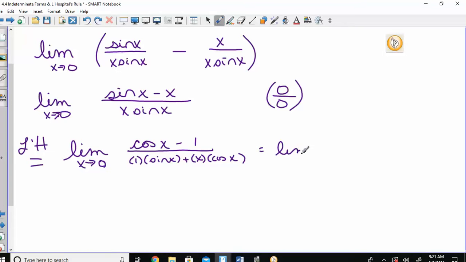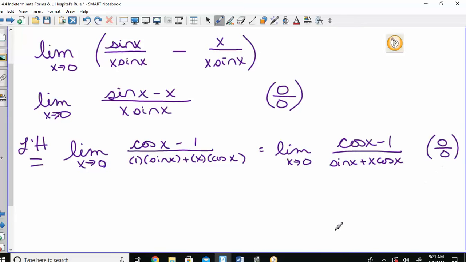If you want to rewrite that, you certainly can. You don't have to. We have cosine x minus 1 over sine x plus x cosine x. So if I plug in a 0, cosine of 0 is 1, minus 1 is 0. On the bottom, sine of 0 is 0, plus 0 times 1. So 0 over 0. L'Hopital's again.